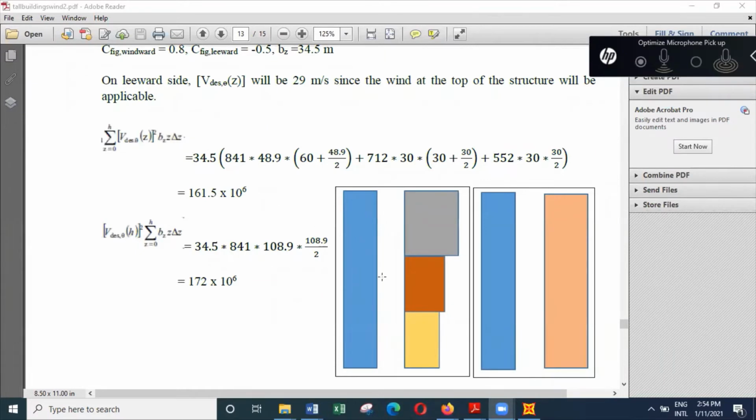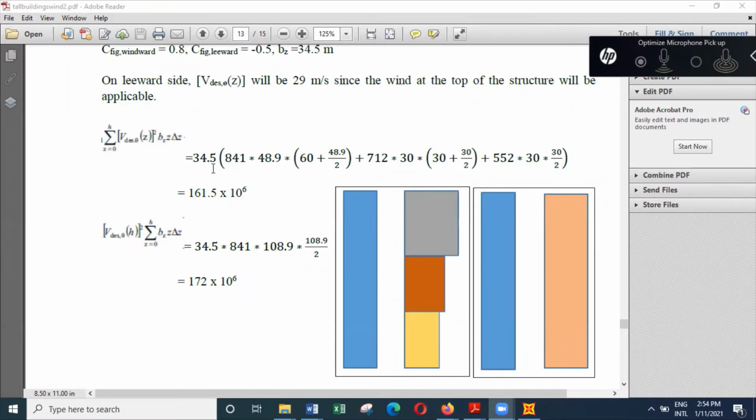And so that's why I have considered this as 48.9, this as 30 meters, this as 30 meters. And also I have considered different V squared values for these three different regions. Is that clear?